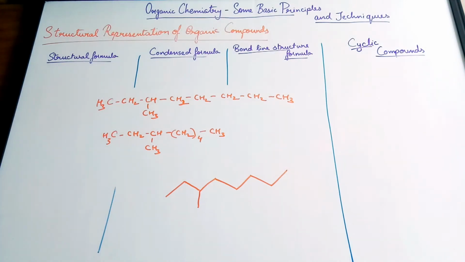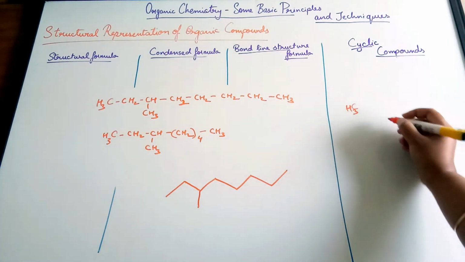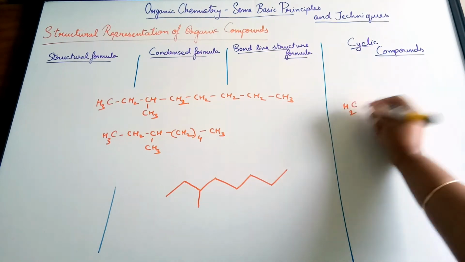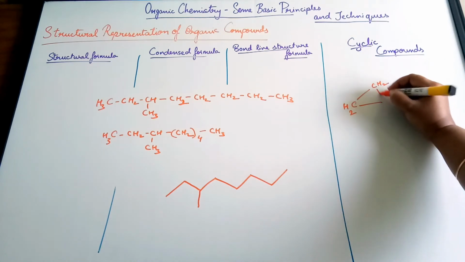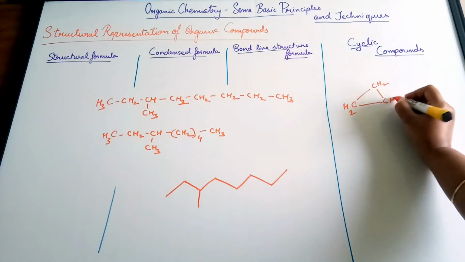Anyways, for cyclic compounds, the same rules are followed. So let's take, for example, cyclopropane. Cyclopropane has 3 carbon atoms which are arranged in a cyclic form, each with a CH2.